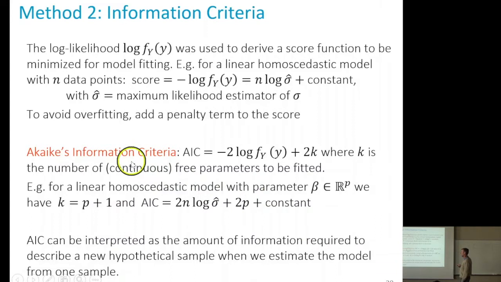This is not just a pure ad hoc thing. There is an interpretation that's explained in the lecture notes that I will not give in detail, but we can interpret what this criterion means. This value here can be interpreted as, on average, the amount of information that's required to describe a new hypothetical sample when we estimate the model from one sample. So what does that mean?